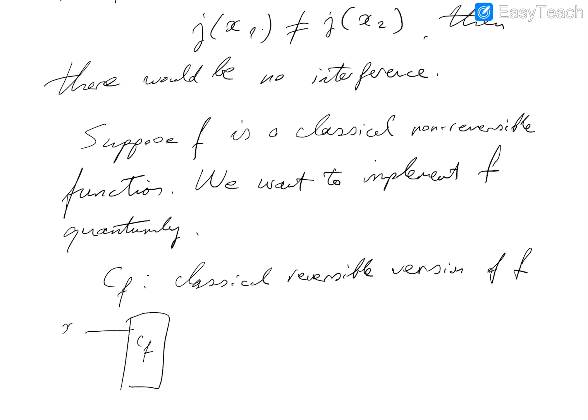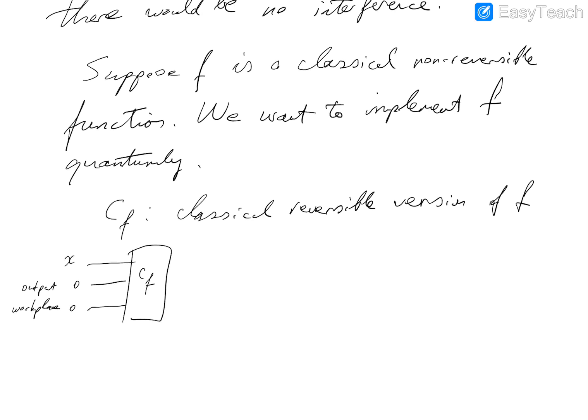But suppose that we have inputs and some additional auxiliary input wires. Maybe this is the output wire, this is the workspace wire. And we have x, we have f of x, and we have some junk bits.